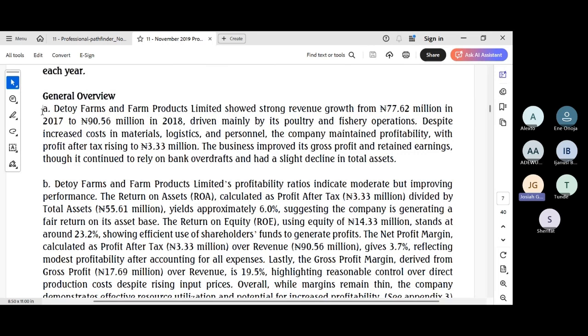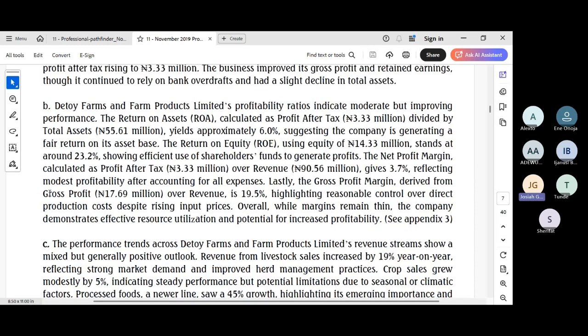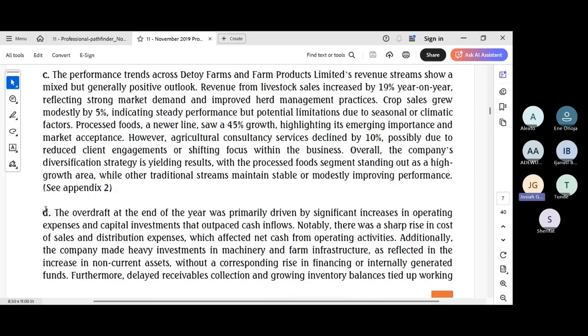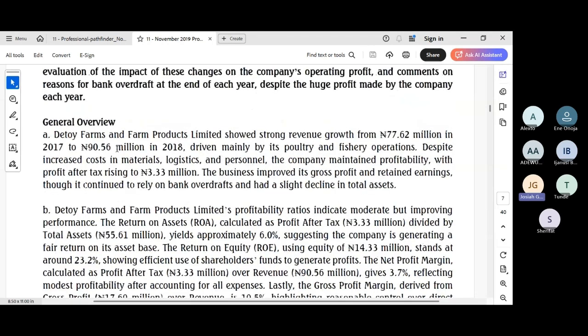So if you give 4 points on this box, general overview, like I stated, and it is speaking to data and information, of course, 1, 2, 3, 4, which is in form of ABCD, you have 4 marks for this box. And what are we explaining? We are saying that Detoy Farms showed revenue growth.